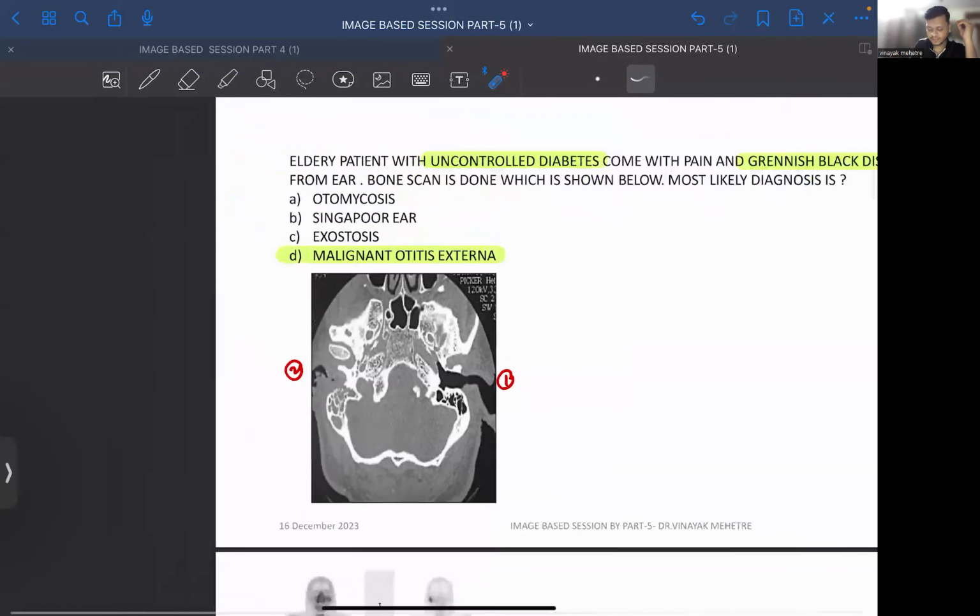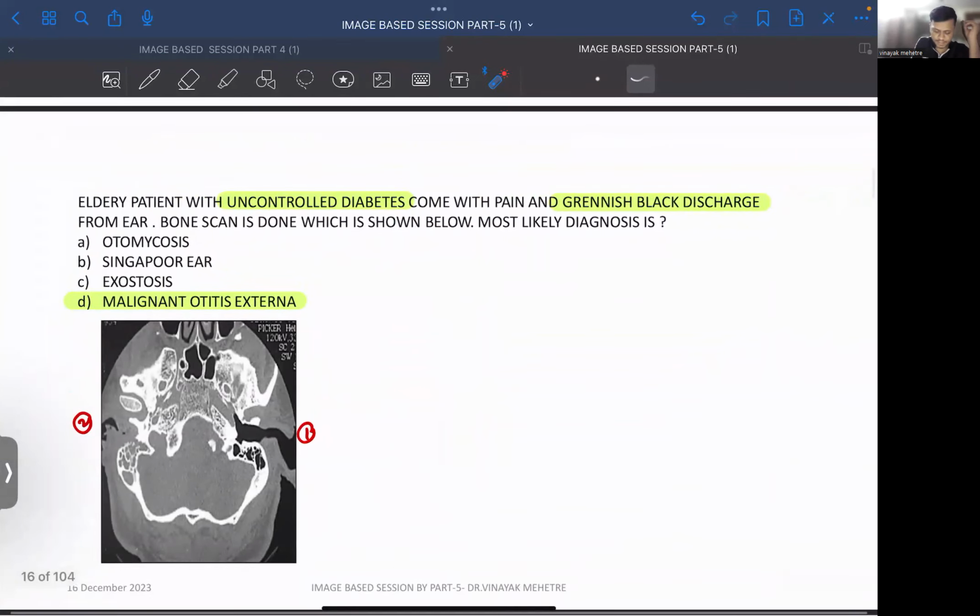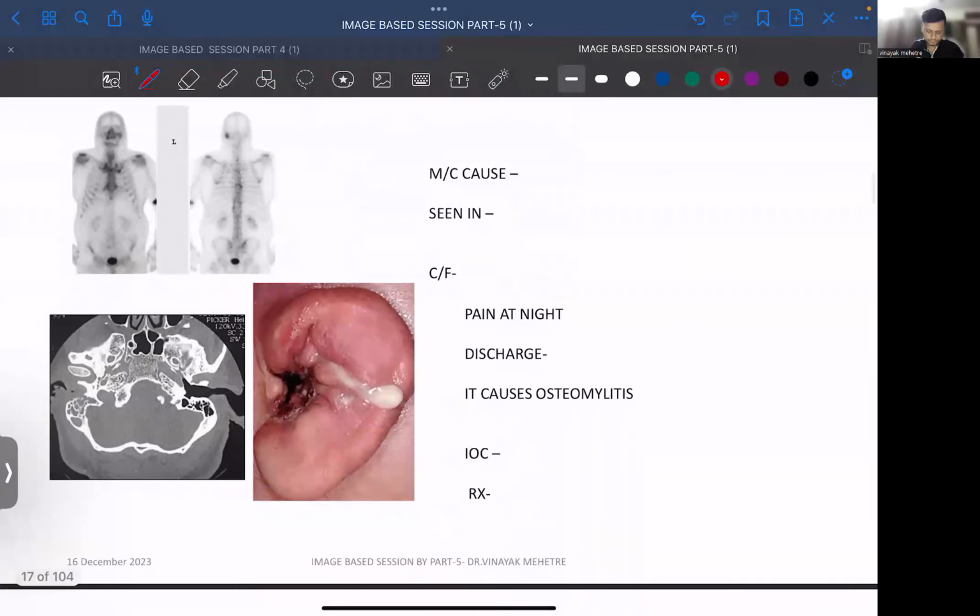This infection can go into the middle ear as well. उसको कब क्या बोलेंगे हम? Malignant otitis media. Right, most common cause क्या है इसका? Of course, it is Pseudomonas. Seen in who?